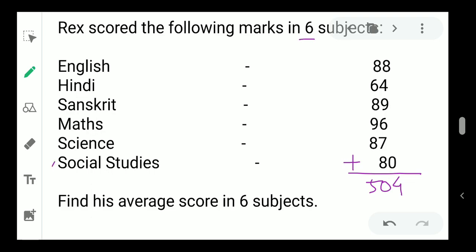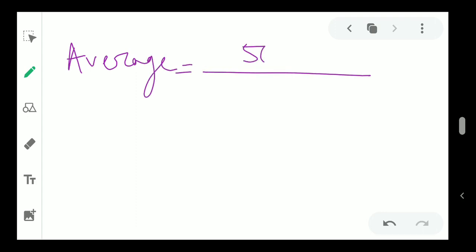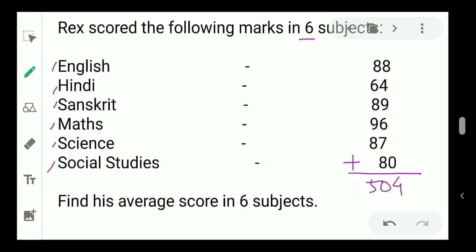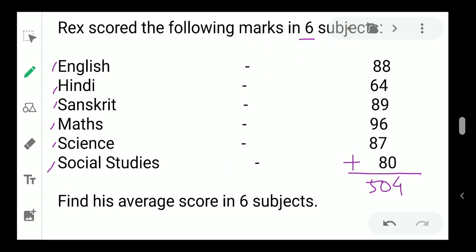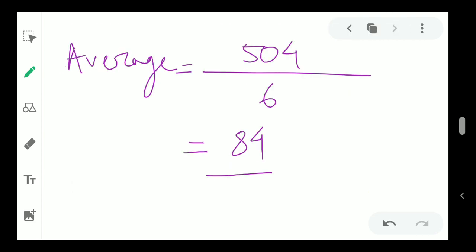So number of items is 1 2 3 4 5 6. So average is total by number of items. Total is 504 and number of items is 6 subjects. You just have to divide it, and that is 84. So his average score is 84. So this is how you have to find out average.